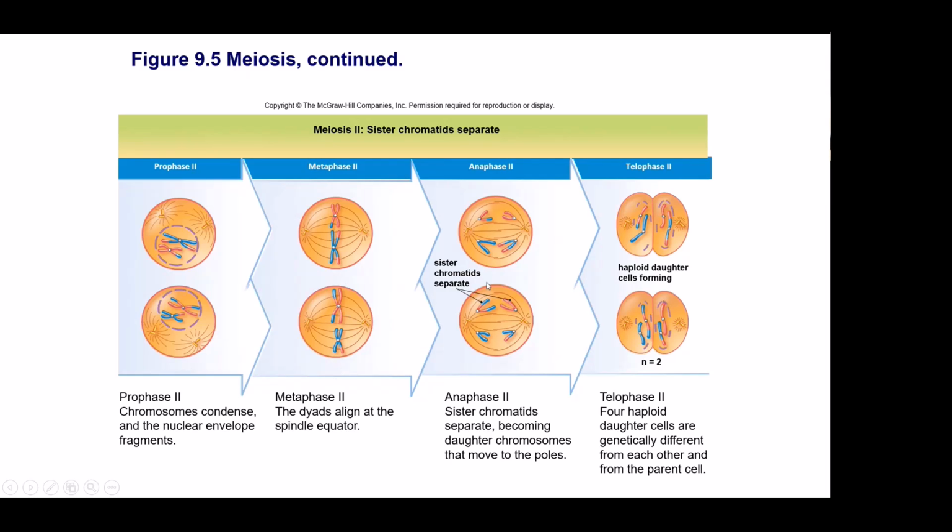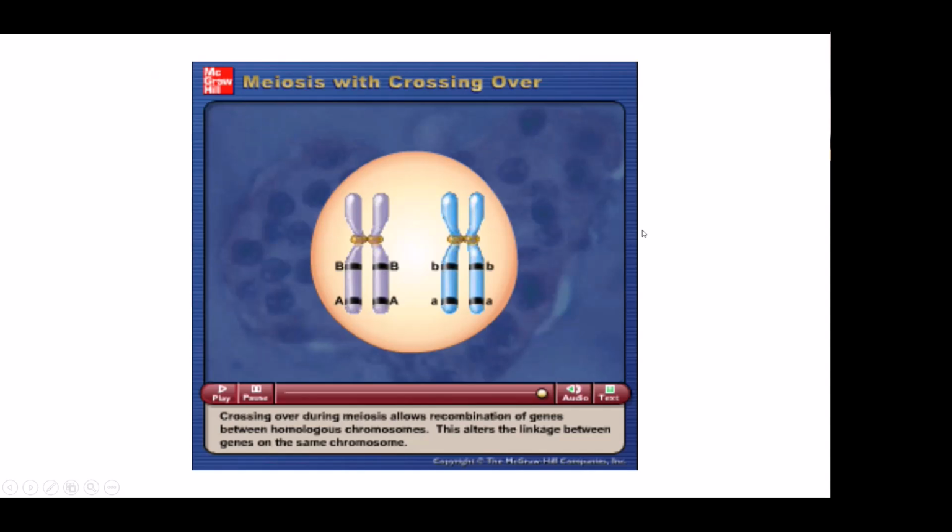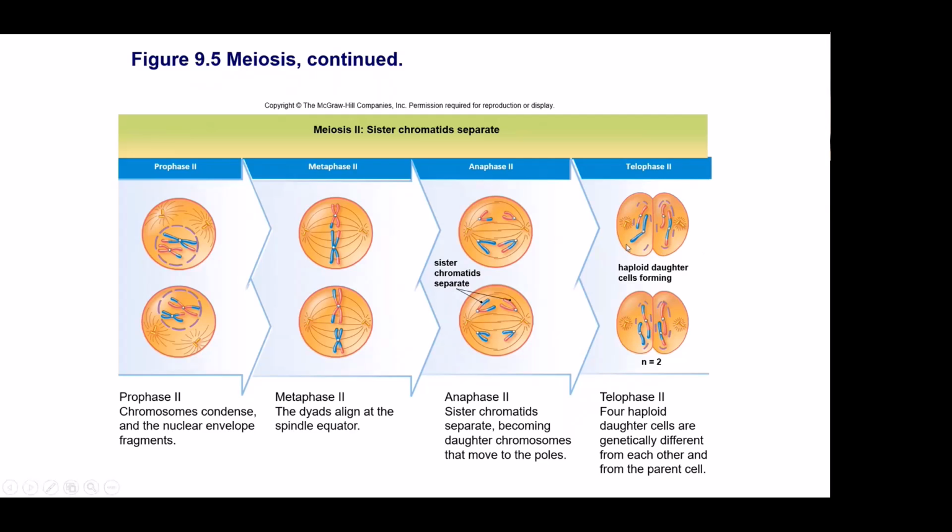The spindle retracts in anaphase 2, and ultimately you're left with 4 cells, each of which have a haploid number of single-stranded chromosomes.